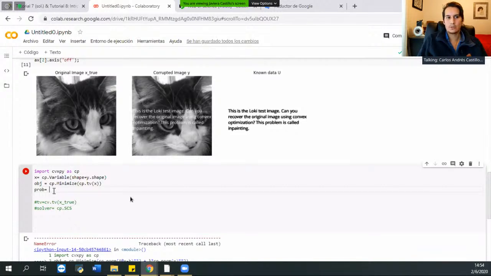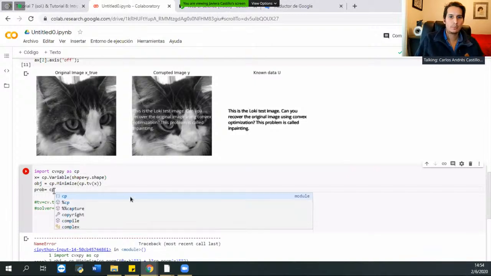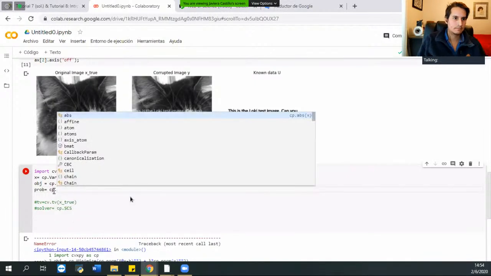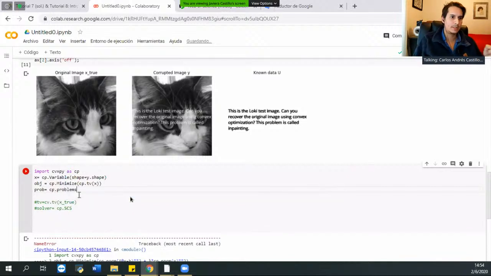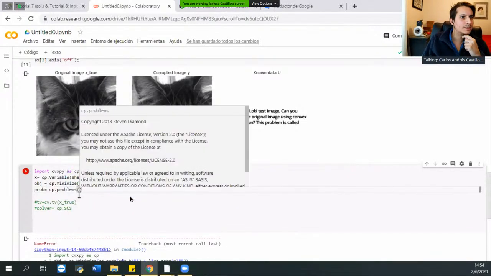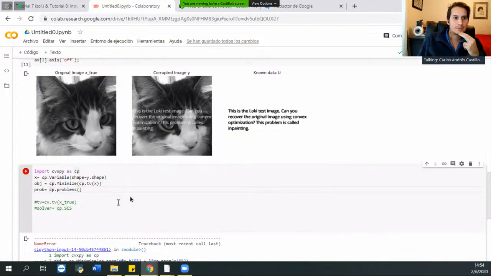And then you try to solve that problem. So first, to define the problem, you need to do cp.Problem, now in caps, because the problem here is, no, Problem with caps. With caps? Yes, mayúscula.